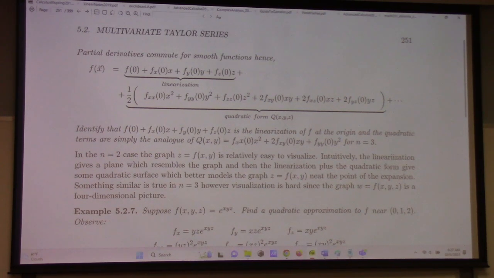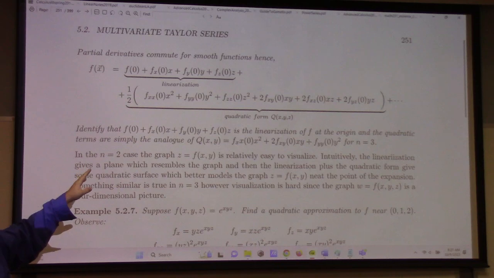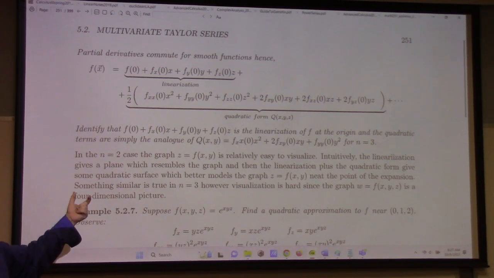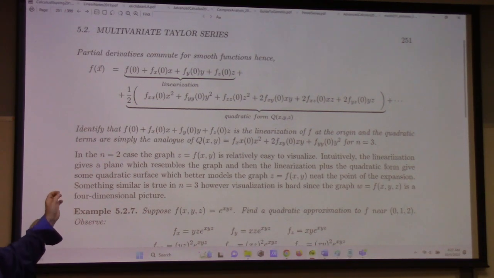But this much is true. If I have some multivariate power series expansion and I've got 3 times x squared, that means that the xx derivative divided by 2 is equal to 3, which means that fxx at the origin would be equal to 6 if I've got a 3x squared in my power series expansion centered around 0.